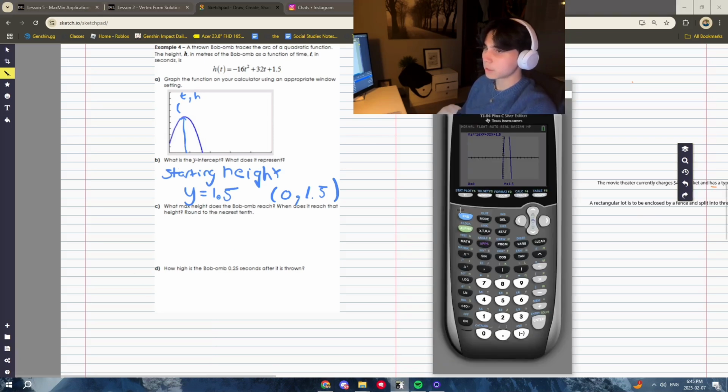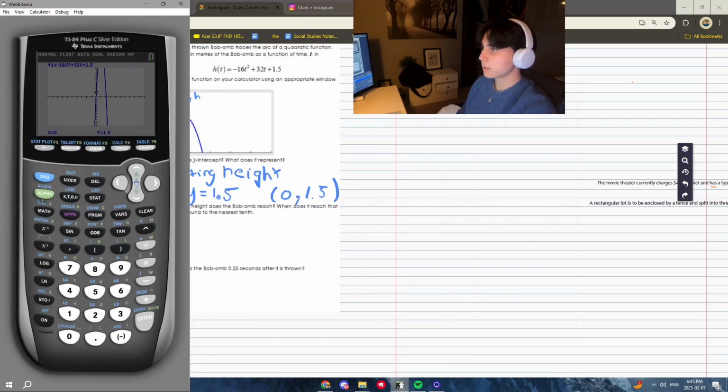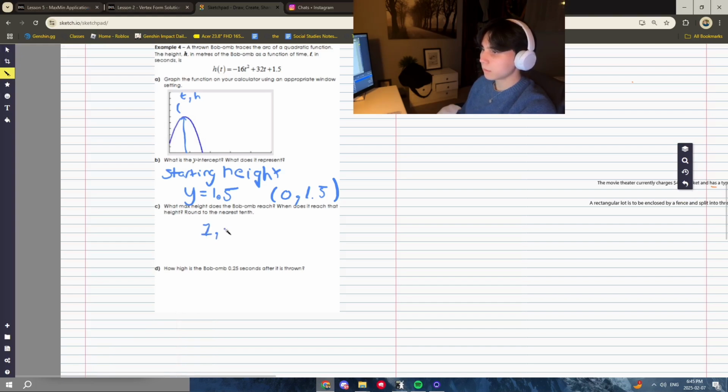So we're just going to do second trace maximum and find the vertex. And you have 1, 17.5. What this tells us is that since y is equal to our height, it reaches 17.5 meters at 1 second of the path thrown.